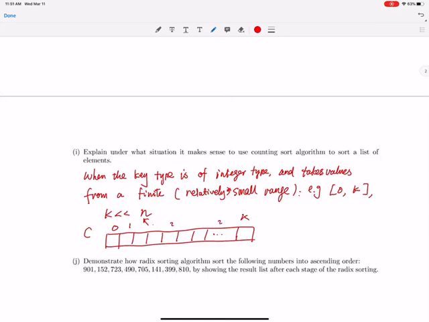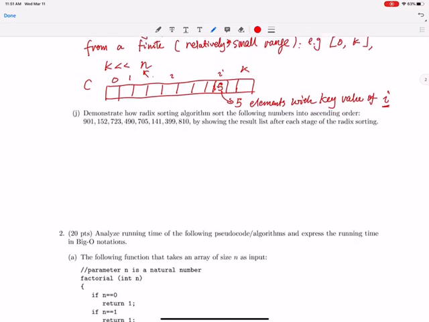So for example, if this value says 5, this means I have 5 elements with key value 5. Okay, so moving on.